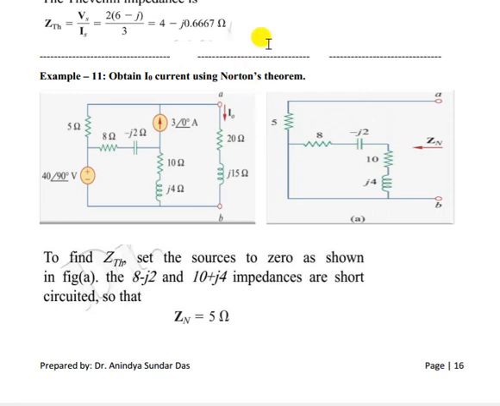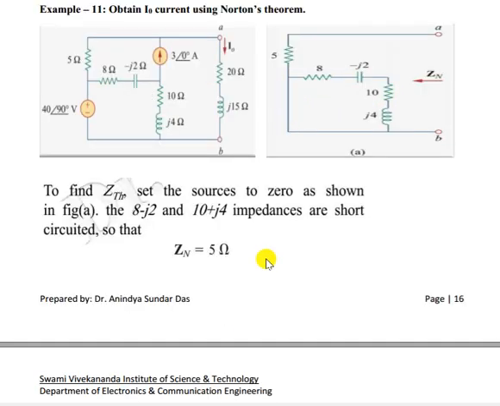That means if R1 equals 0 and R1 is in parallel with some R2, if either of the values is 0, what happens? Total impedance is 0, because R1 into R2 divided by R1 plus R2; if R1 or R2 is 0, then that will be 0. So this part is in parallel with this, so it is short circuited. So this is also short circuited. So equivalent impedance will be 5 ohm.